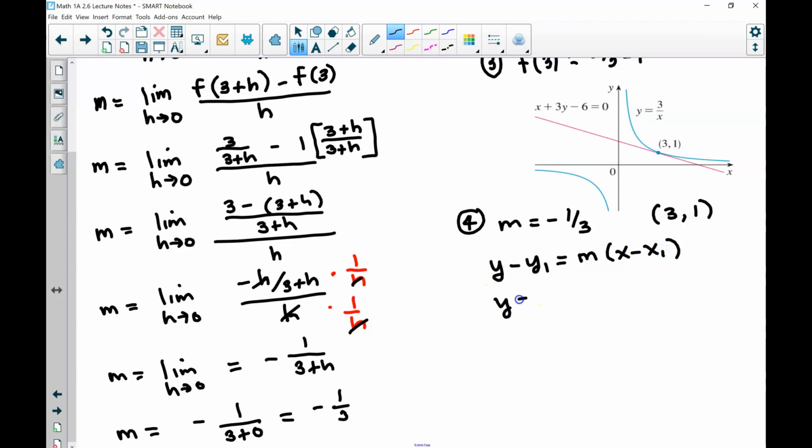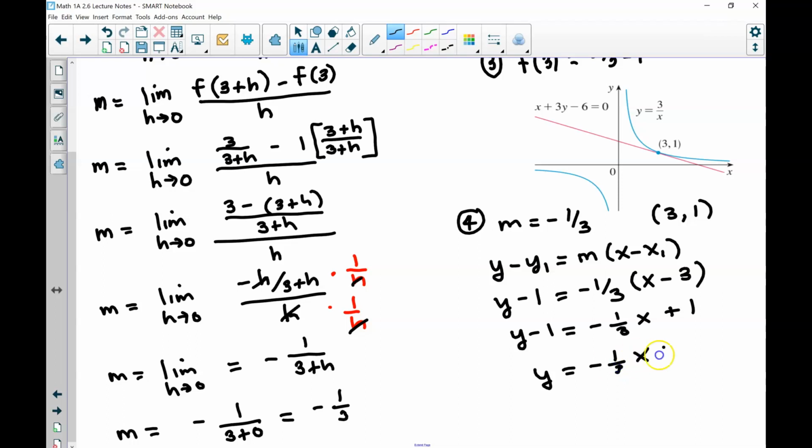So we have y minus 1 equals negative 1/3 times x minus 3. If we distribute the 1/3, we get negative 1/3 x plus 1. Add 1 to both sides, and y is going to equal negative 1/3 x plus 2.